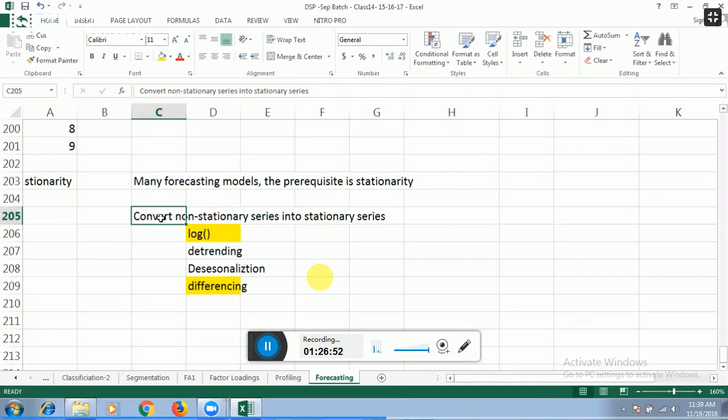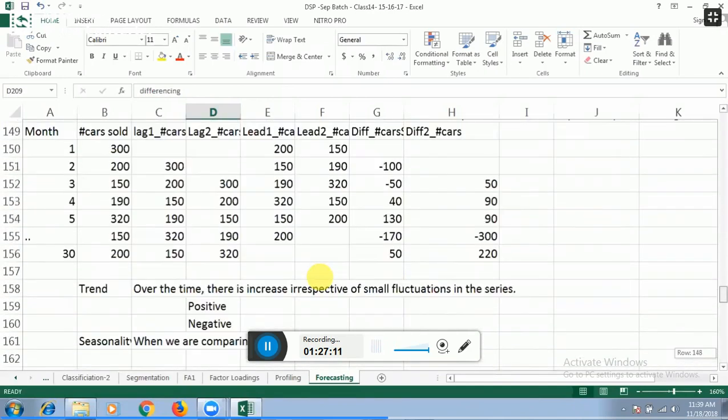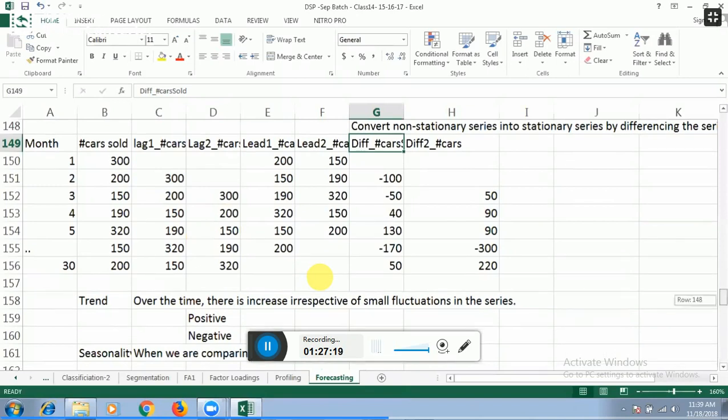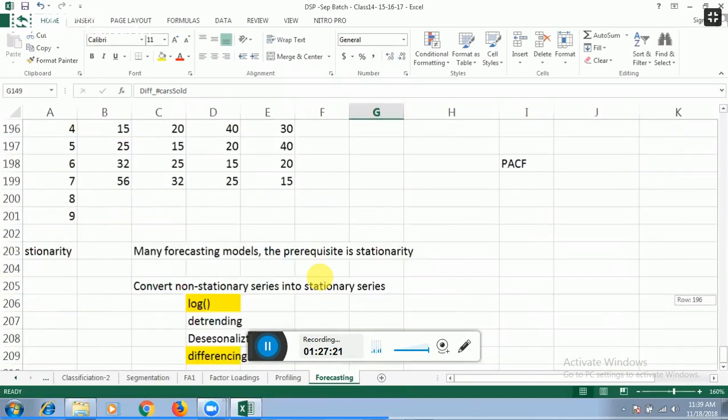Chandra: Can we use lag also to convert non-stationary to stationary data? Differencing is nothing but only that, right? So differencing is nothing but actual minus lag of the series. You remember, I was explaining the differencing of the series, diff1, diff2. Lag means Yt minus 1.